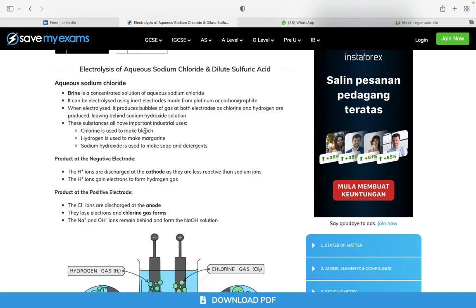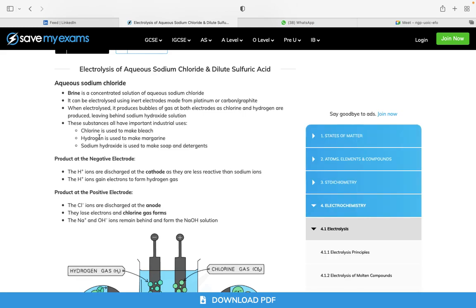These substances all have important industrial uses. For example, what do we use chlorine for? Chlorine is used for bleaching. If you want to bleach your clothes or anything, like an oil stain on your clothes, you can use chlorine to remove it. Then hydrogen is used to make margarine, the one you call margarine or butter.